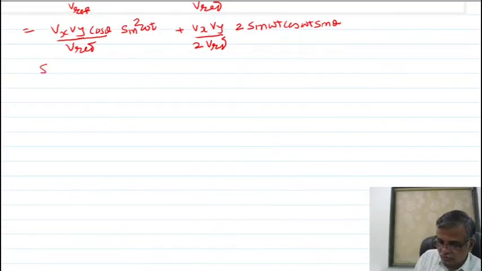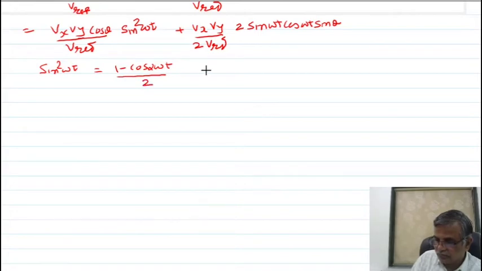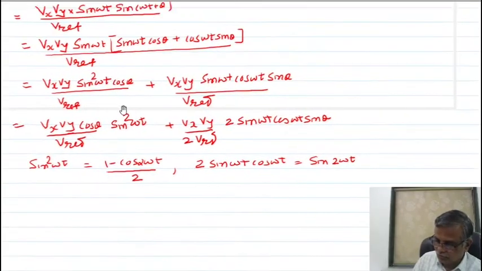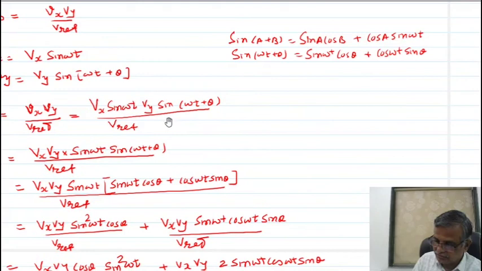Look here, you know sin square omega t is equal to 1 minus cos 2 omega t by 2, and 2 sin omega t cos omega t is equal to sin 2 omega t. If you do not know, you can put here A is equal to B is equal to omega t.